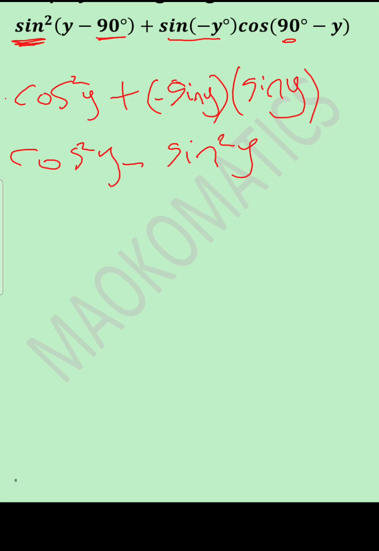So this is the same as negative cos of 2y. So I've written it as a single trigonometric ratio. So the final answer must be one type of trigonometric ratio.